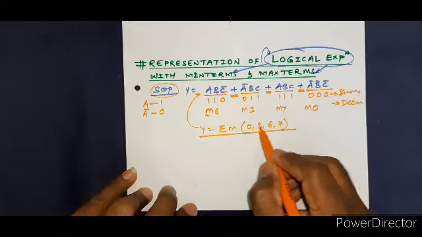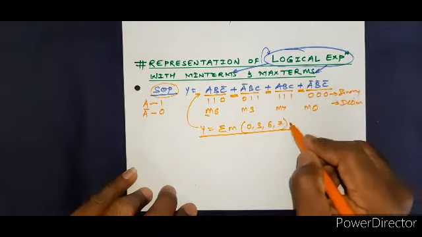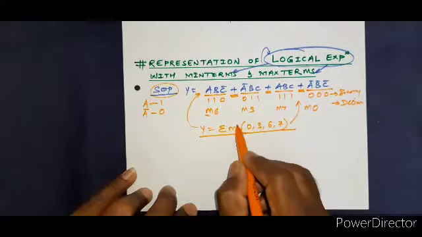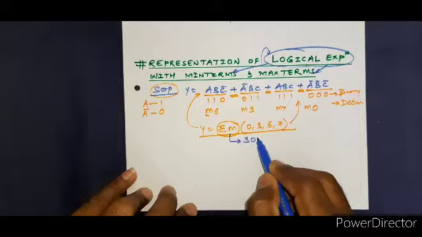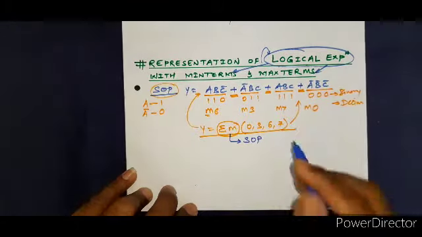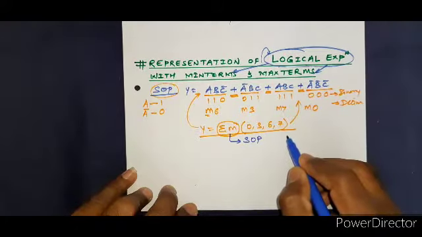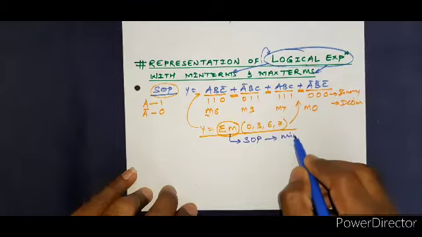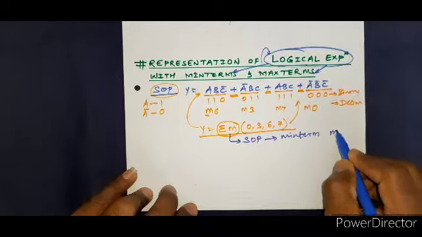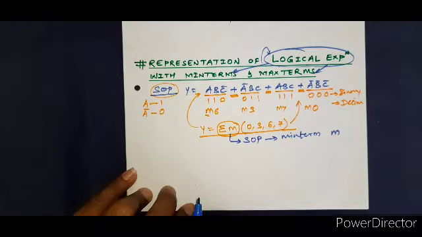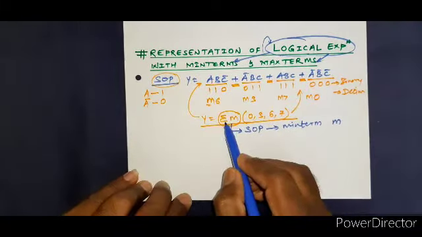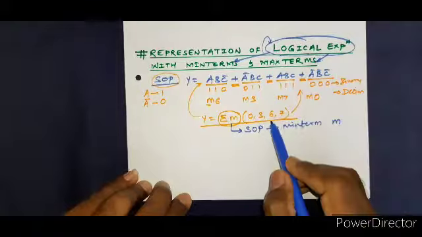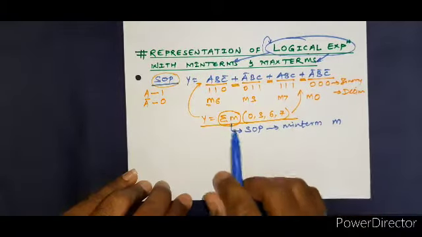Since this is summation of small m, this corresponds to SOP. SOP corresponds to min terms and they are represented as small m. So this is how you can represent a given logical expression in the form of min terms.